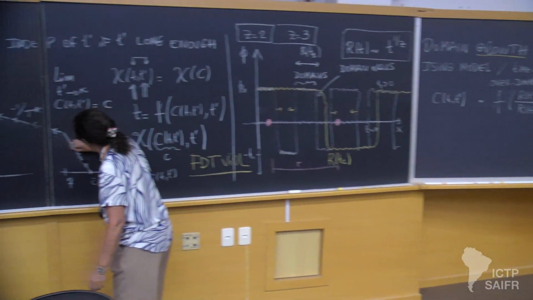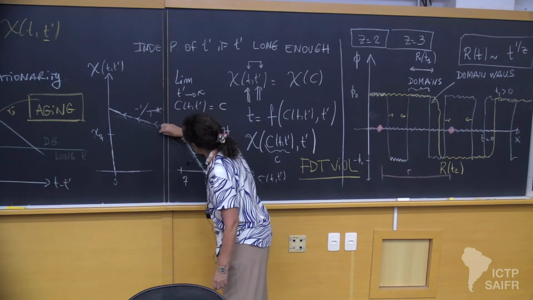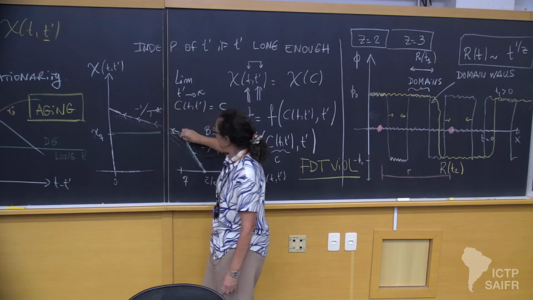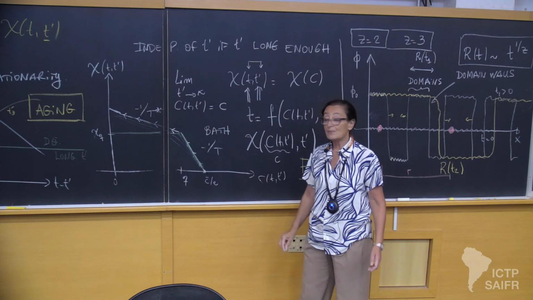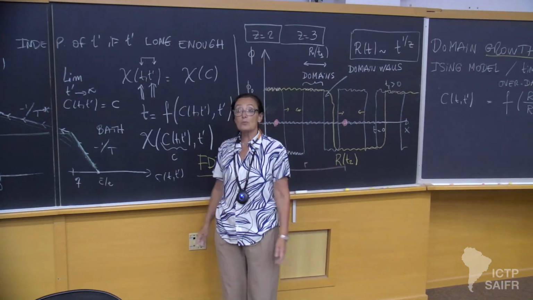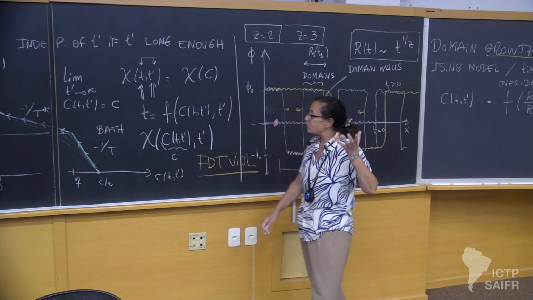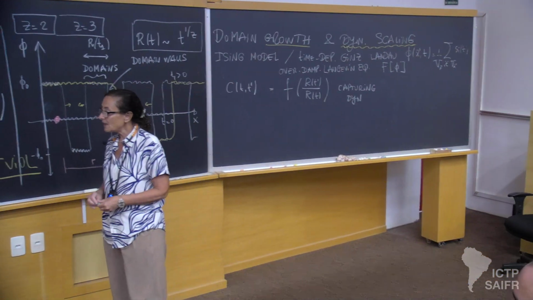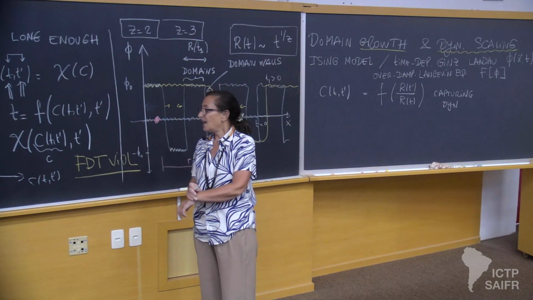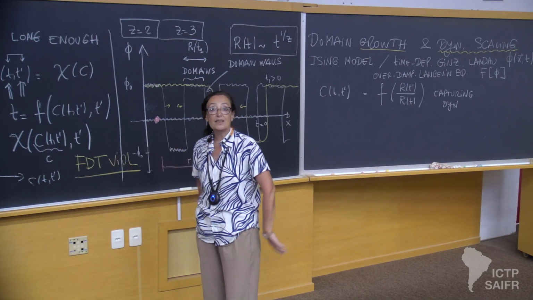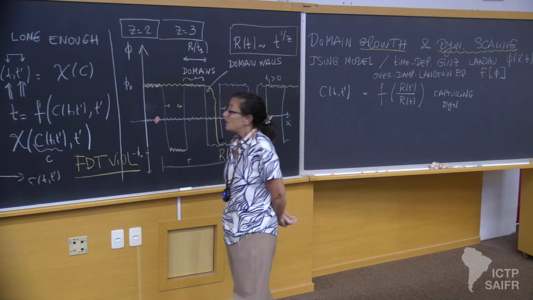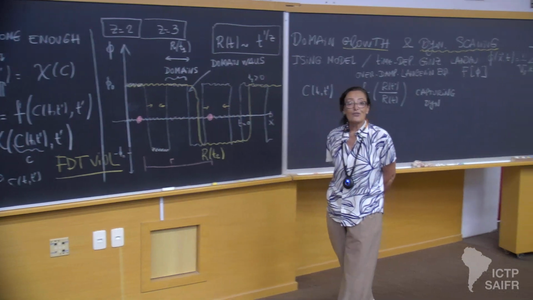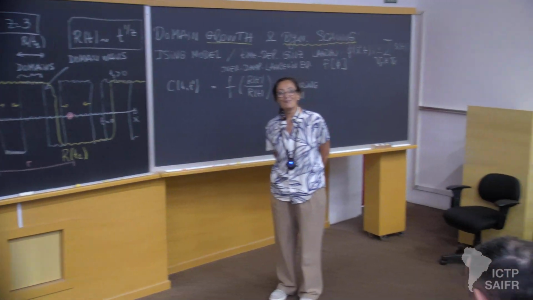So the domain growth will do this and then gets flat in the limit of t prime going to infinity. And it's observed, but we don't fully understand why this is like this. Both in simulations and in some calculations that can be done. Other questions here, because now I'm going to do a calculation, finally.